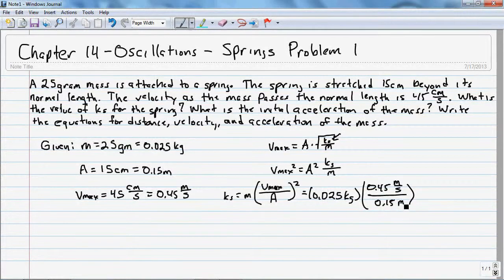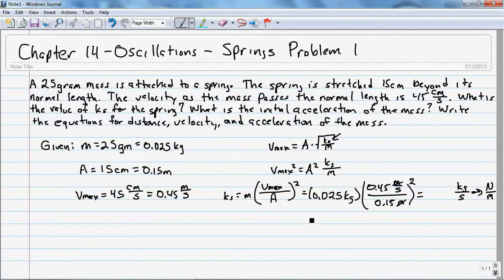Well, the meters are going to cancel, and if this is squared here, that's going to leave me with kilograms per second squared, and that will then relate to newtons per meter.